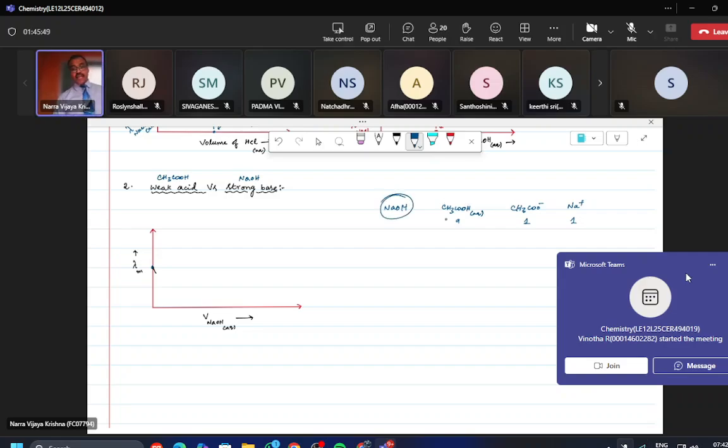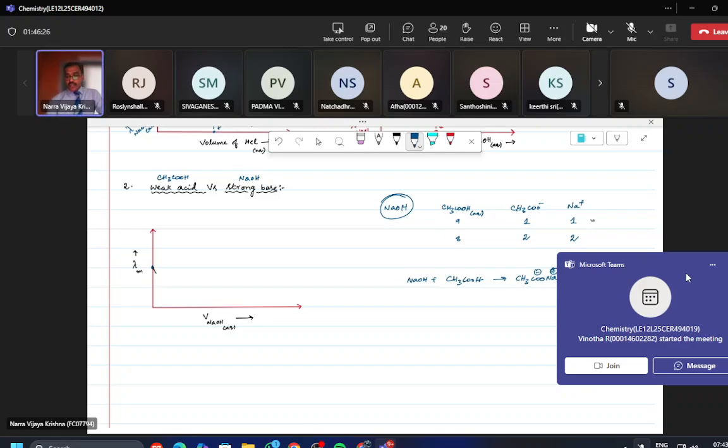This NaOH will react with CH3COOH to form CH3COONa plus H2O. This salt can convert into ions readily. Now what you will have? You will have 2 moles of CH3COO minus, 2 moles of Na plus, and 8 moles of acetic acid.